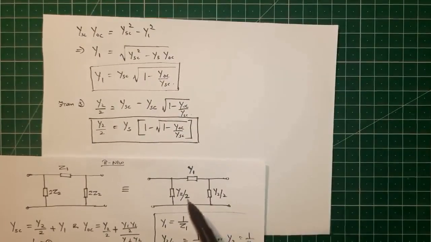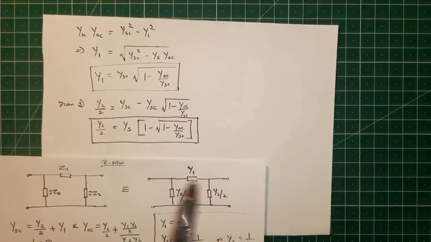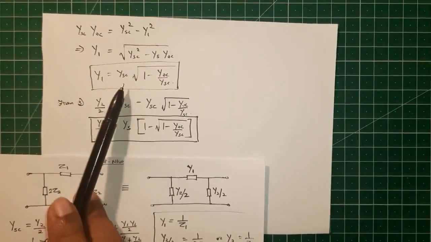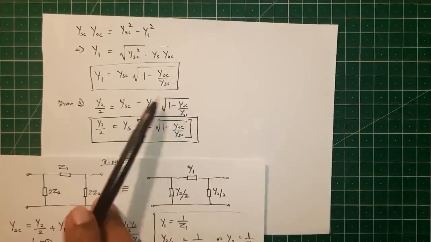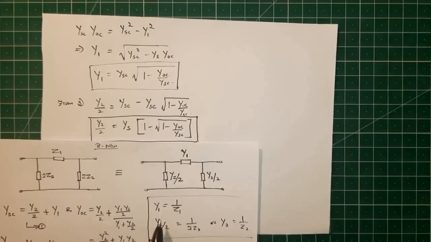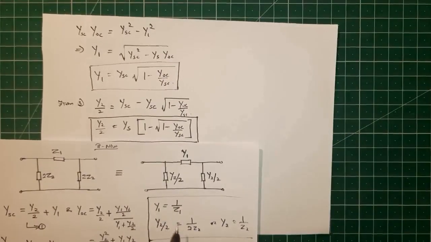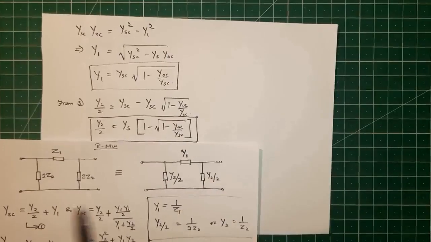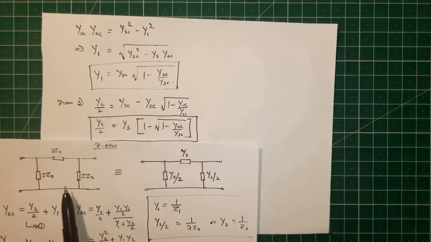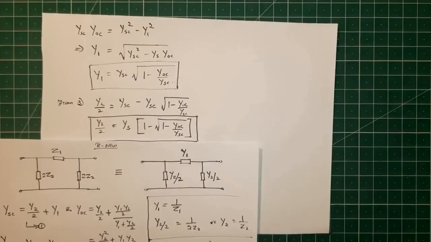So we have represented the branch admittances of this pi network in terms of its open circuit and short circuit admittances YSC and YOC. We can draw the impedance matrix by taking the inverse of these admittances, and we can represent the impedance network using this relationship between Y and Z.